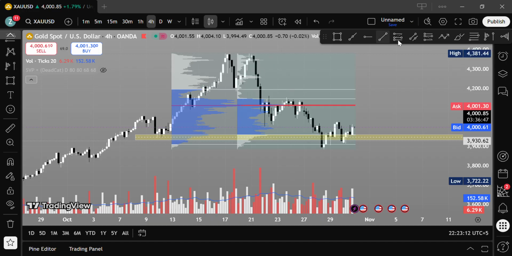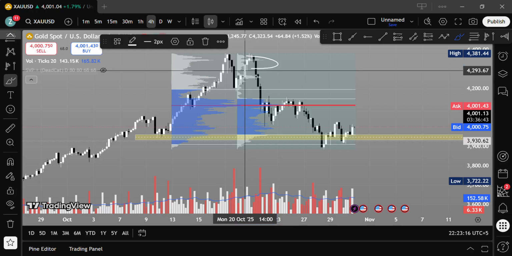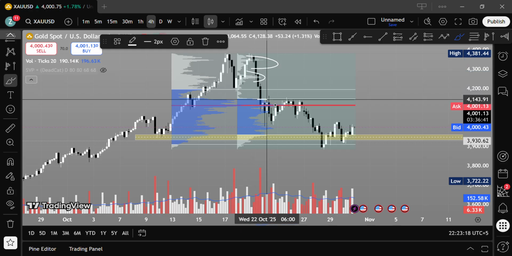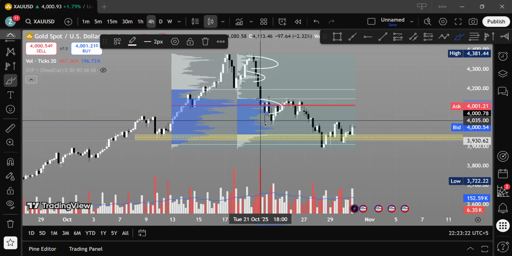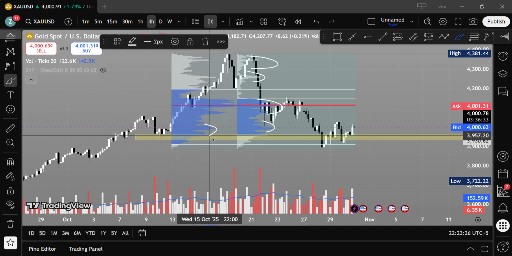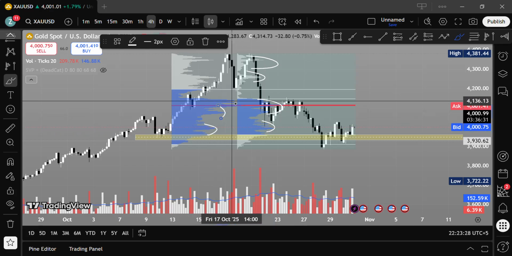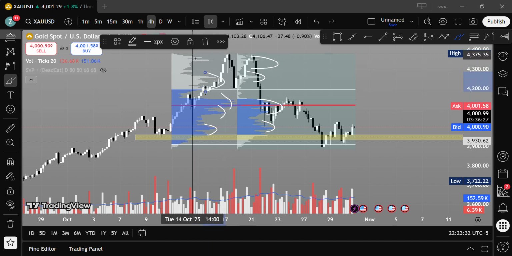As you can see, these volume bumps like this one and this one at this point of control area, which is basically the value area high, and all of these areas are high volume node bumps, and also this one and this one.